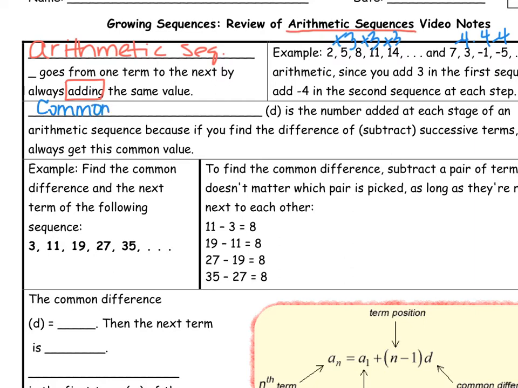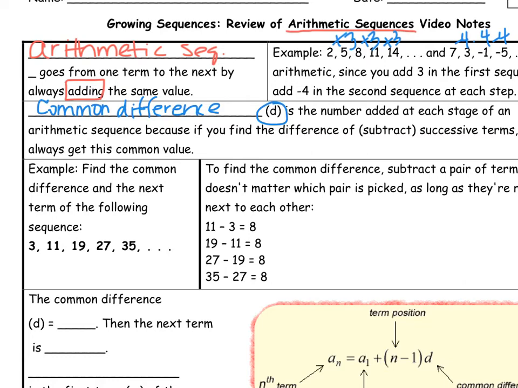We use the letter D for that common difference. If you find the common difference by subtracting successive terms, you'll always get this common value.